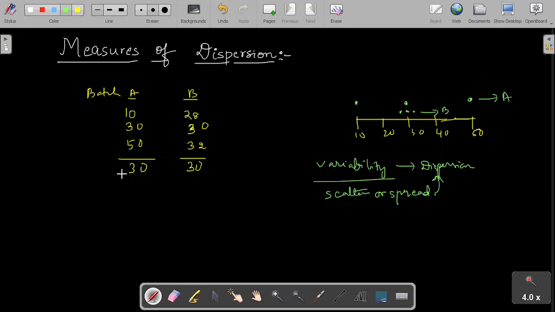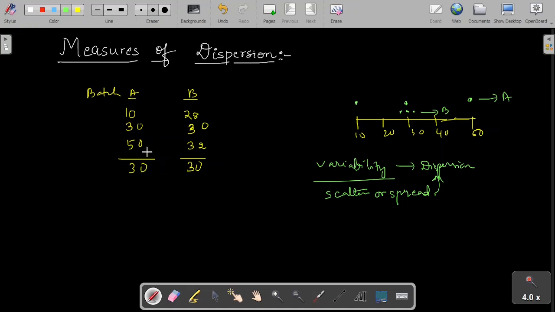If I just give you the average of batch A as 30 and the average of batch B as 30, both have the same average, then you don't get any picture of how the class performance is. It is just giving you the average value.